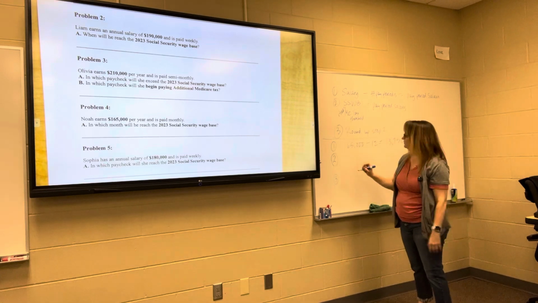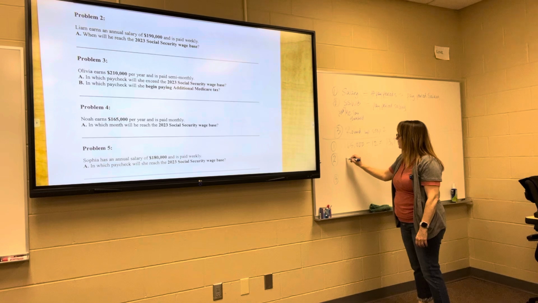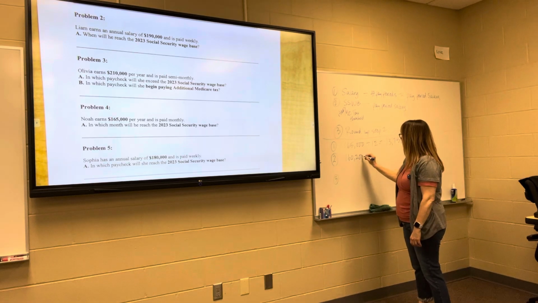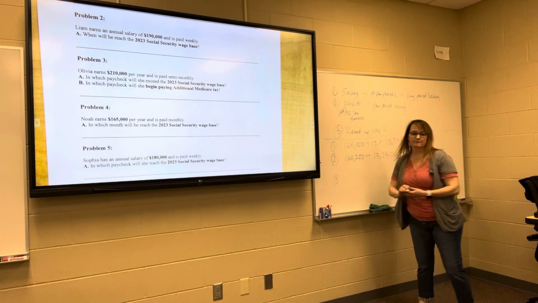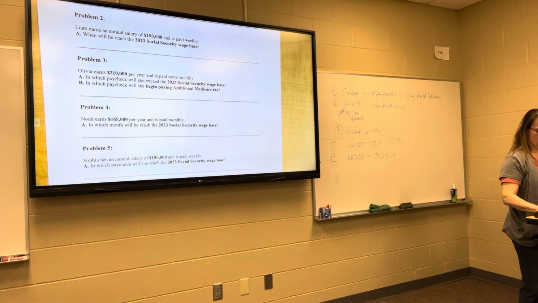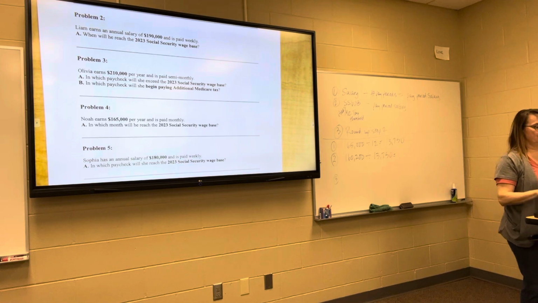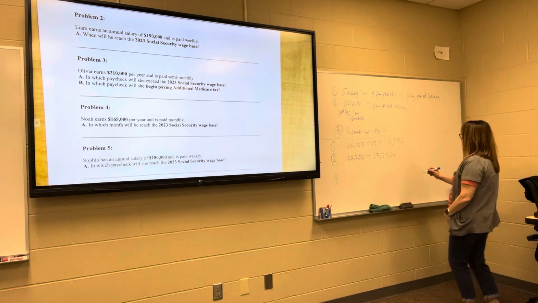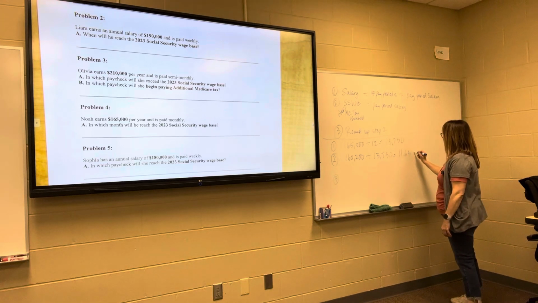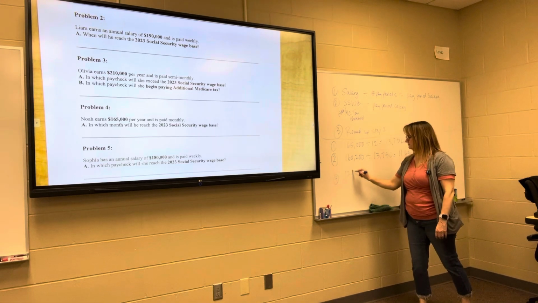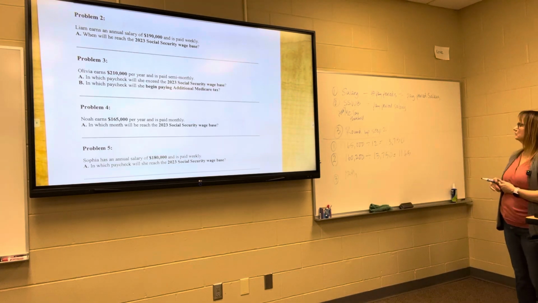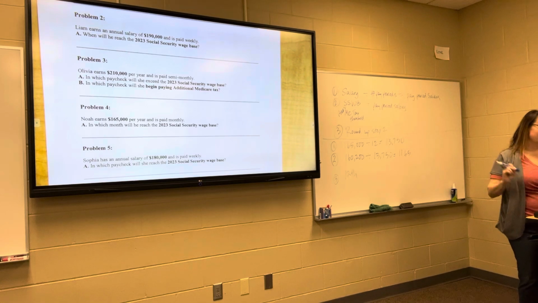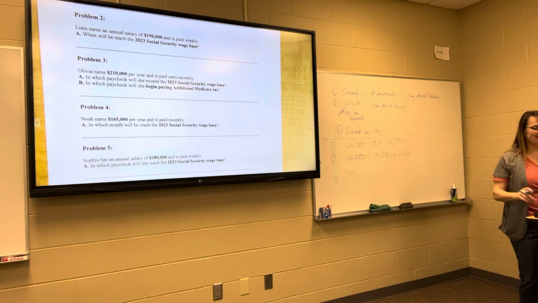Don't have to worry about the additional Medicare tax in this one. So 160,200 divided by 13,750. 11.65. So which pay period? 12. The last pay period is when he reached the Social Security wage base. We could probably look at that and figure it out once we knew how much he was making, but it's fun to do the math.